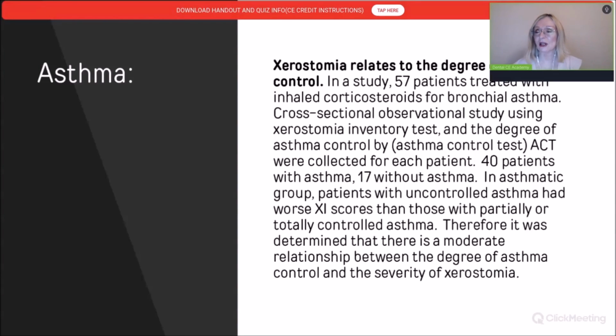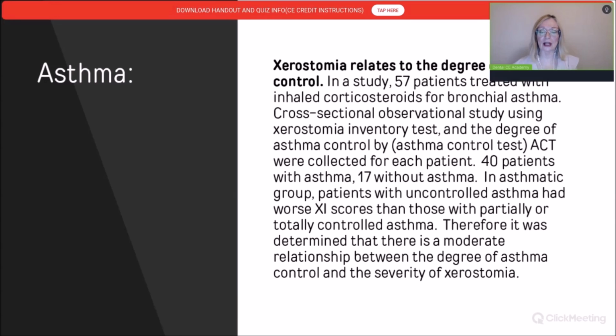If you have patients on corticosteroid inhalers, what are they told to do after they use it? They're told to rinse with water. Rinsing with water may not do enough, especially if the patients are also on systemic cortisone or prednisone. So they develop candida infections.